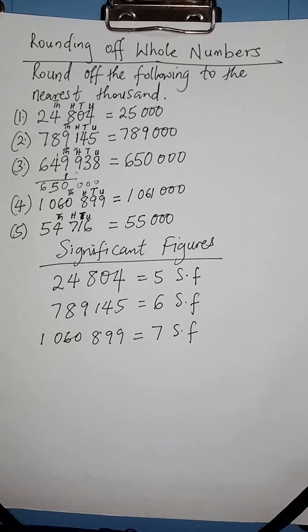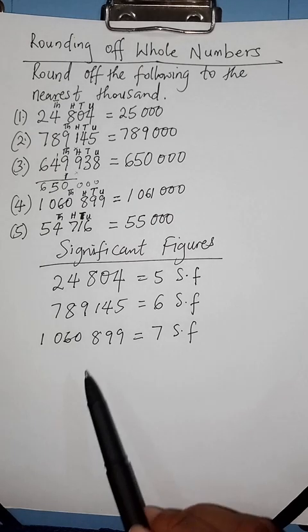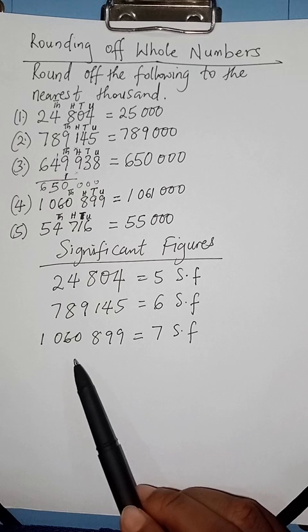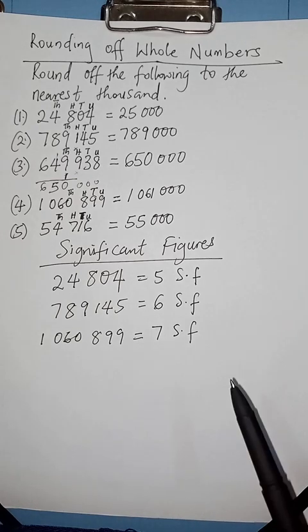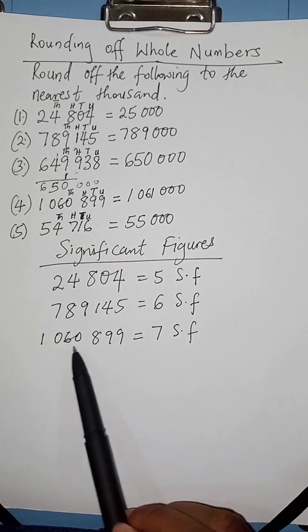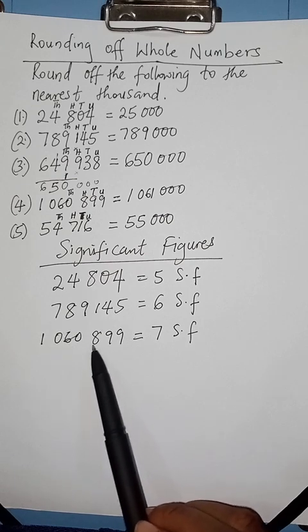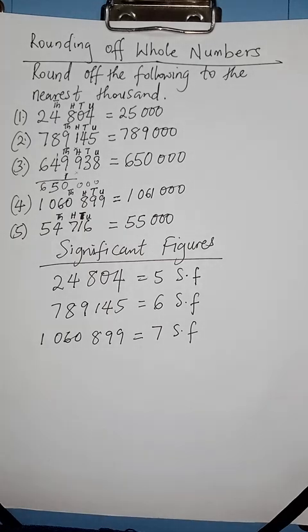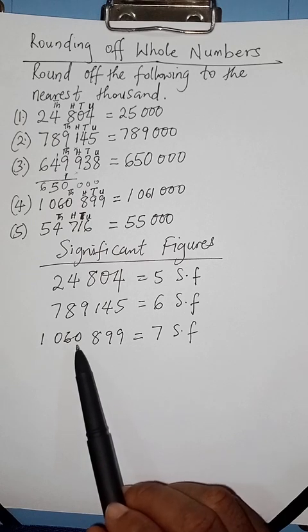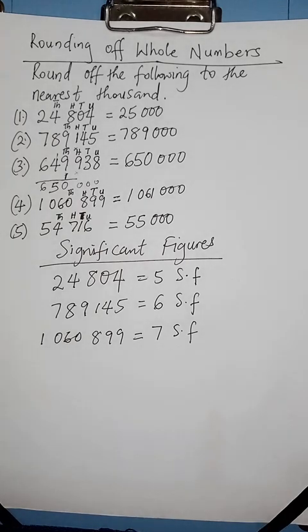Did you notice that when I was counting the significant figures, I counted 0 as a significant figure? Yes, it is significant. Why? Because the 0 is between 2 significant figures. So when you have 0 between 2 significant figures, the 0 becomes significant. I hope that makes sense.